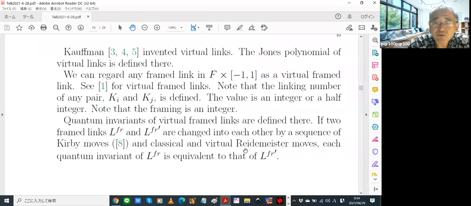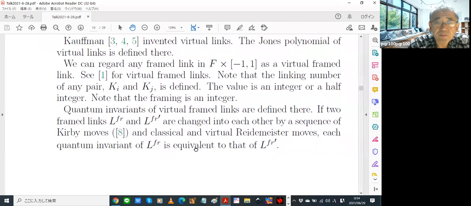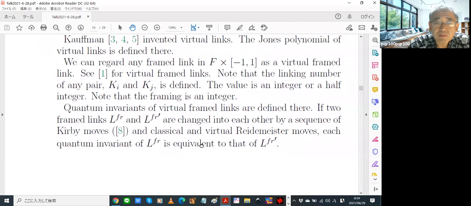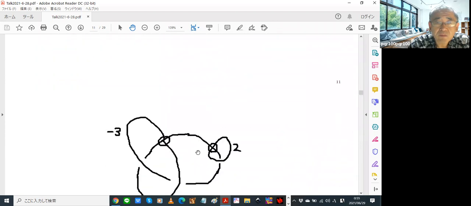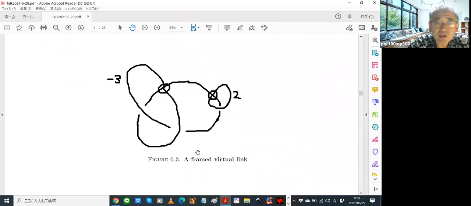And they proved that if they change into each other by Reidemeister moves and Kirby moves, their invariants are the same. This is an example of a virtual framed link.